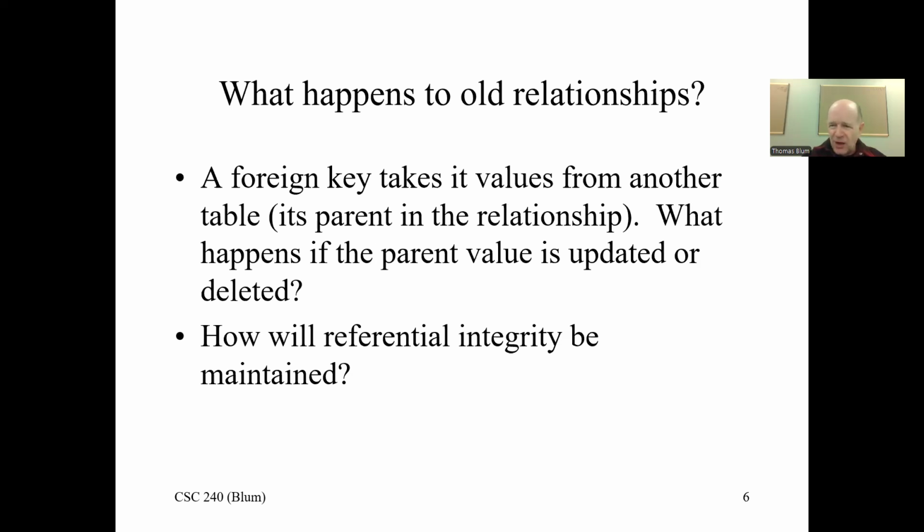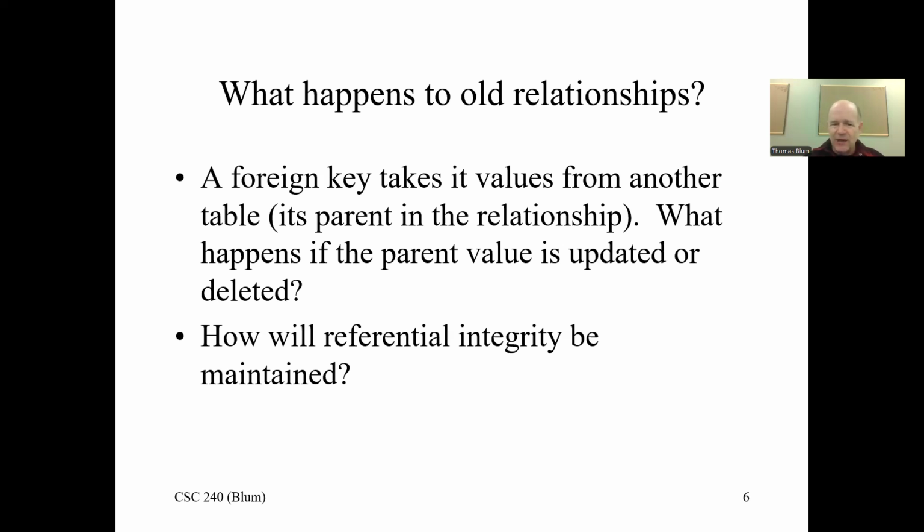So, I make some change to my table with the primary key, and there's another table referring to it that has a foreign key that's referring to it. And what should I do? What if the primary key is updated? What if it's deleted? Does this affect the relationship?